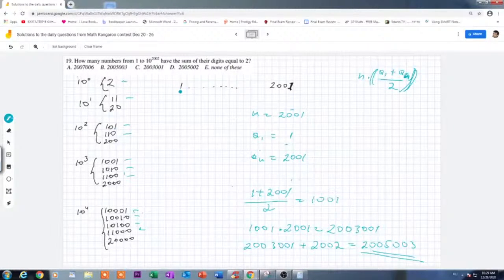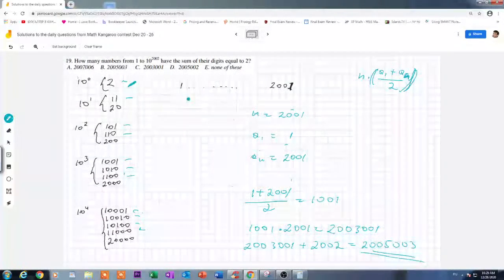That's why we have from 1 to 2001, because we're skipping the place value of ones. So we have numbers from 1 to 2001.